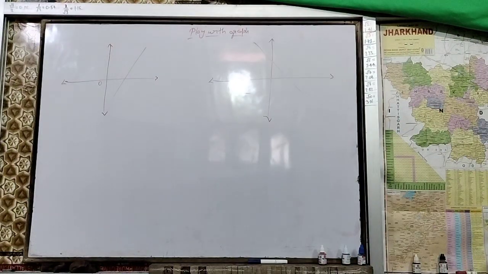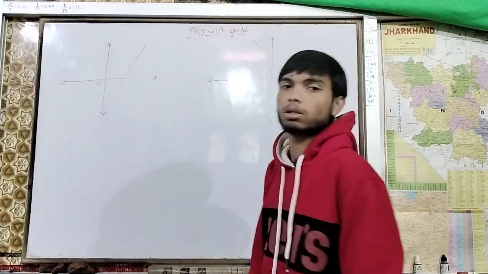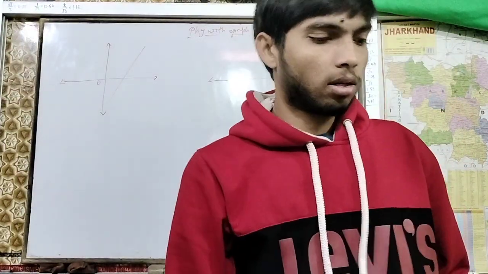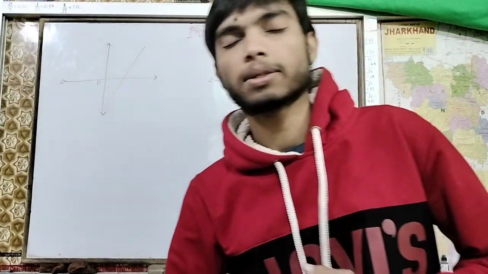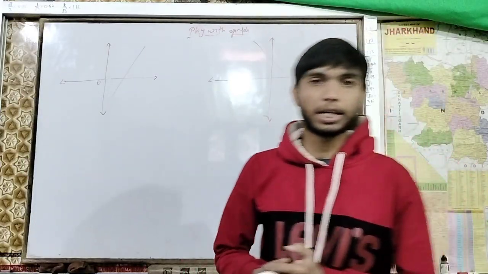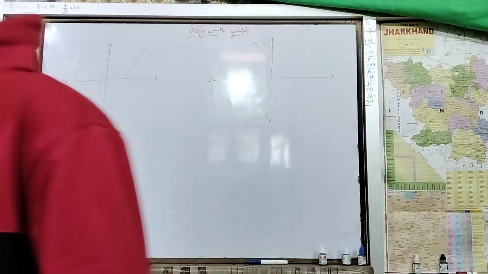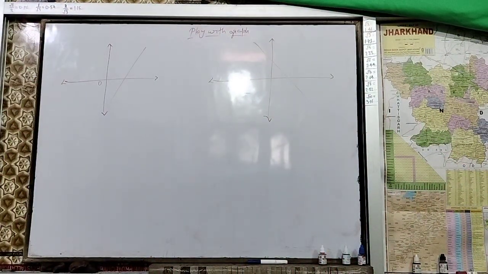Try to observe these two graphs. What's the difference between them? Look, the question is how to find negative slope, how to find positive slope.